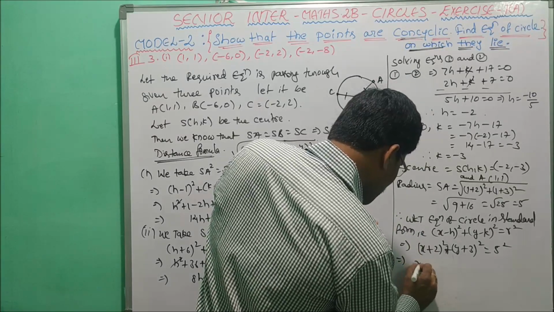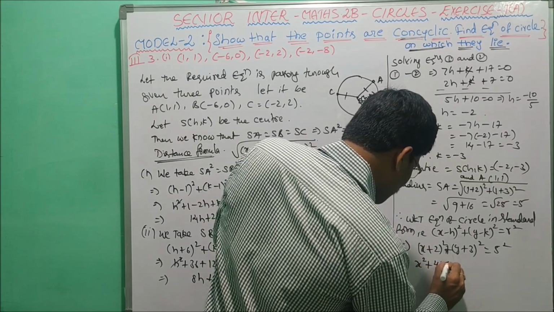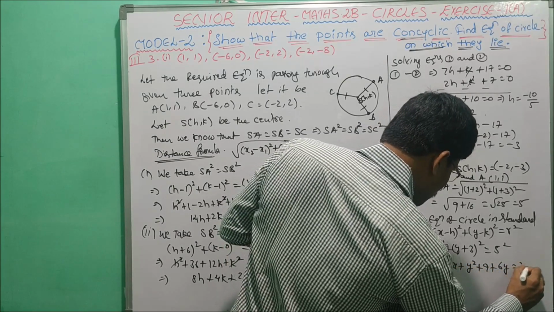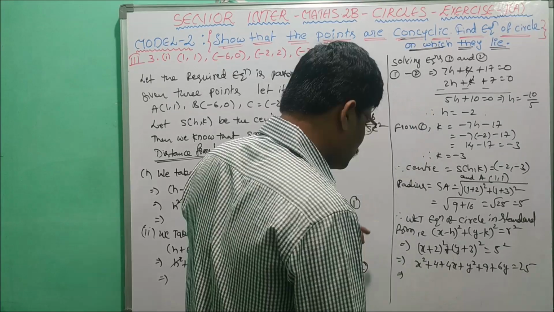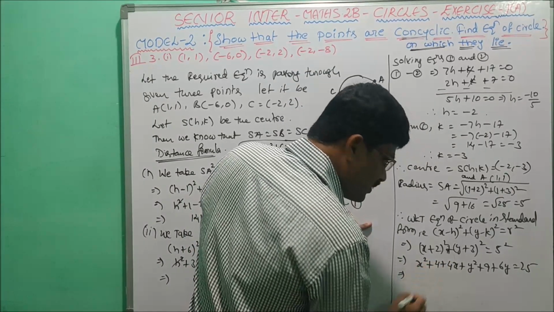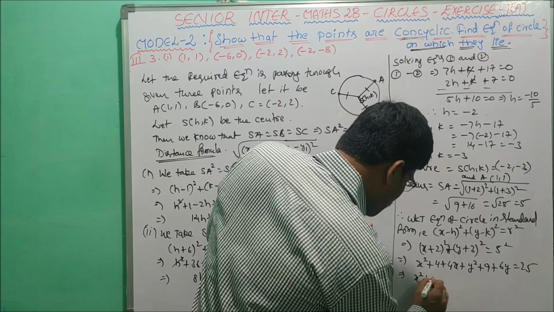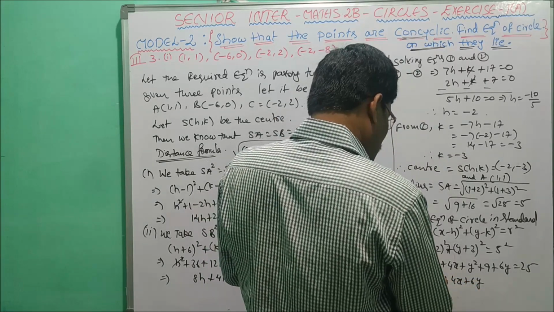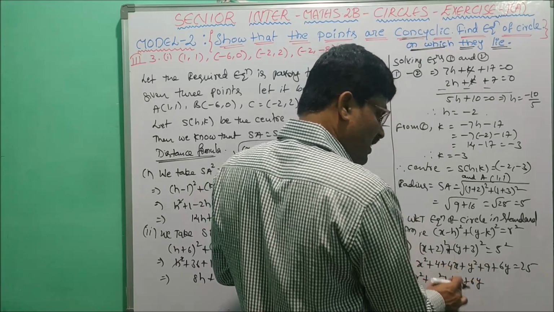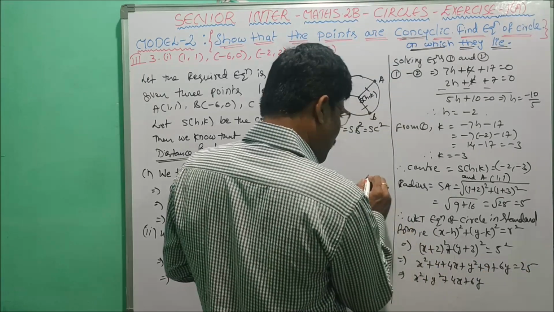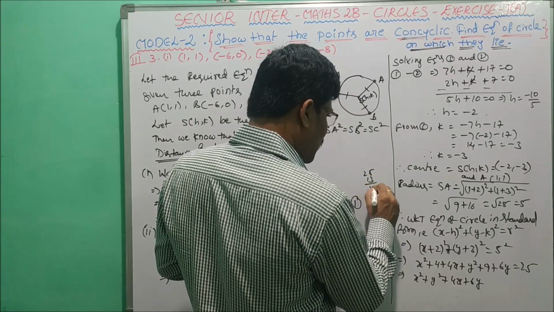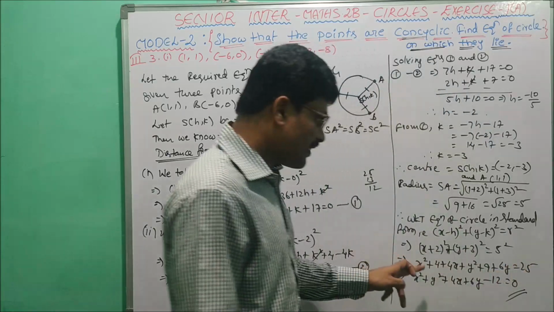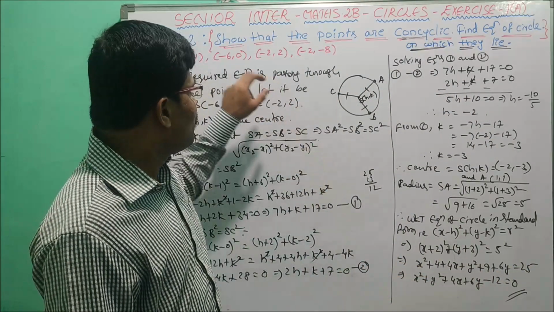Now it can be simplified: x square plus 4 plus 4x plus y square plus 9 plus 6y equals 25. Therefore the required equation of the circle is x square plus y square plus 4x plus 6y. In this, the constants are 13 on the left side, and on the right side 25. So 25 minus 13, that is 12. So minus 12 equals 0. So this is the required equation of the circle passing through 3 points.